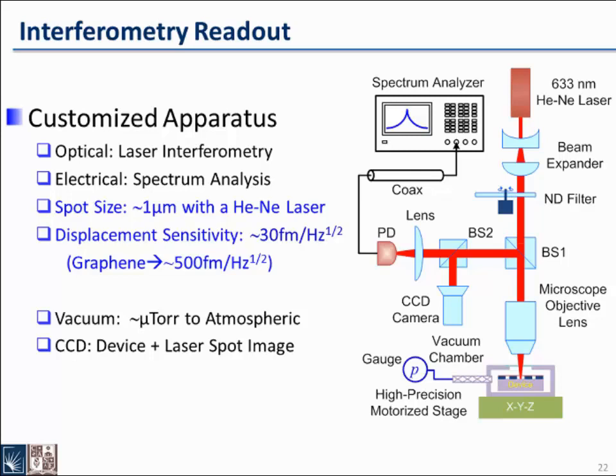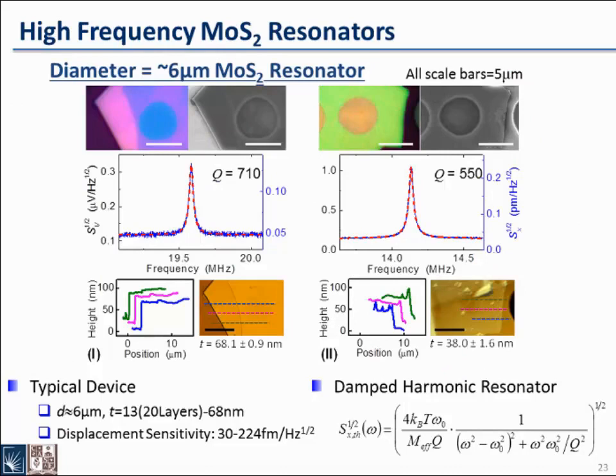Okay, so this is based on optical interferometry, using the light reflected from the top surface of the 2D material and the bottom surface of the cavity. For the first generation devices, you can see that without driving, without shaking the device, we just park the laser onto the center.